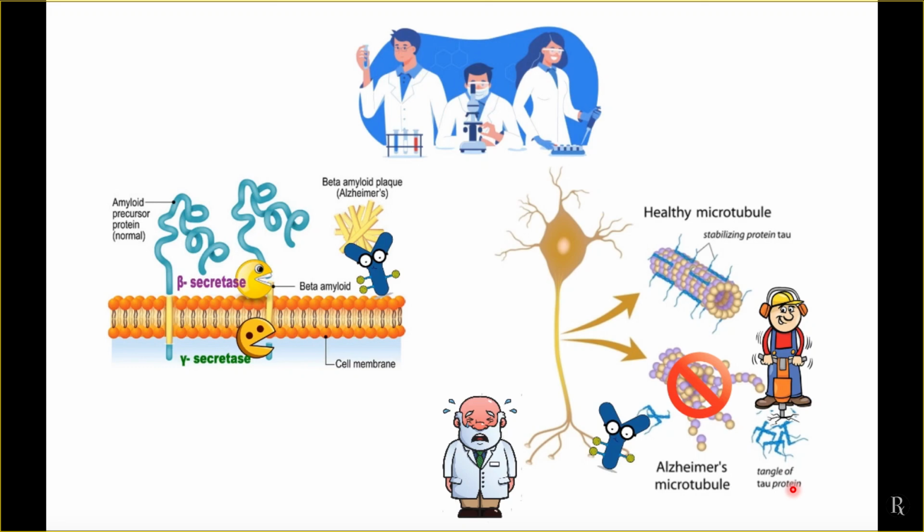And for the tau hypothesis, the drugs are being developed at the moment, and they should destroy the tangled microtubules that lead to Alzheimer's disease, and stabilize the tau protein and lead to the development of healthy microtubules.